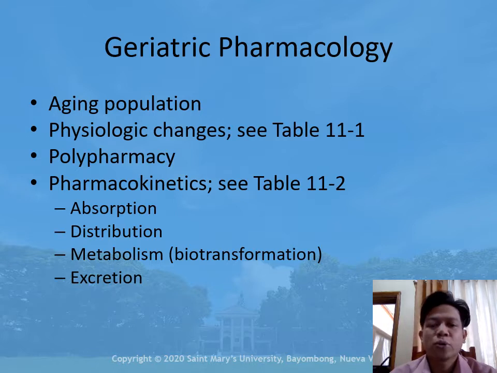Hepatic blood flow in the older adult is decreased, thus possibly causing a decrease in drug clearance. This results in decreased excretion of the drug. With a change in hepatic blood flow, there will be impaired drug metabolism.